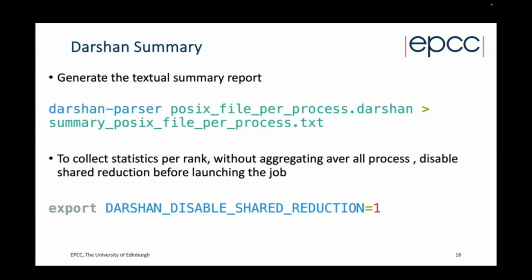So for instance, if you look at how much data was written, it will tell you how much data was written by your whole application, summed over all ranks. That might not be what you want. So you can disable it by setting an environment variable before you launch the job you want to profile.